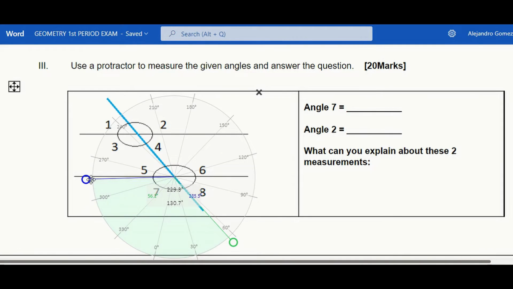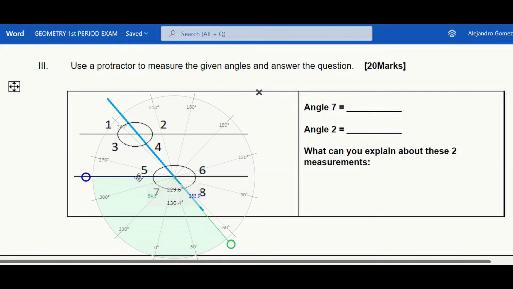This time I want you to look at the number which is not next to the center, but the one that is below. You're going to see that it says 130.4. I don't want to keep in mind this one because it's the outer angle, which is 229, well, actually 230.